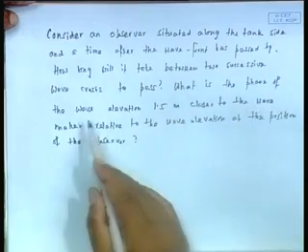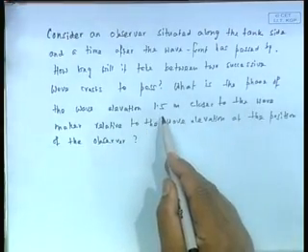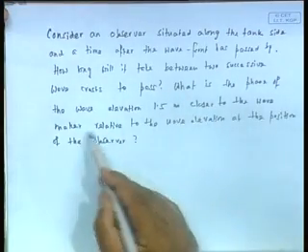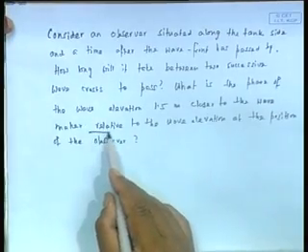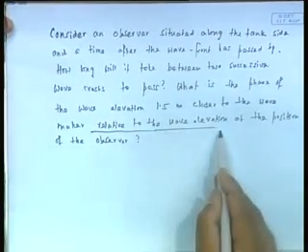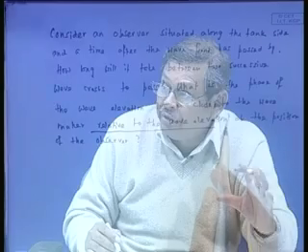What is the phase of the wave elevation 1.5 meter closer to the wave maker relative to the wave elevation at the position of the observer? The important point is this phase is being measured relative to the wave elevation. You have to measure phase always relative to something. You just cannot say phase is so and so, it makes no sense. The word phase is necessarily connected to a measurement.